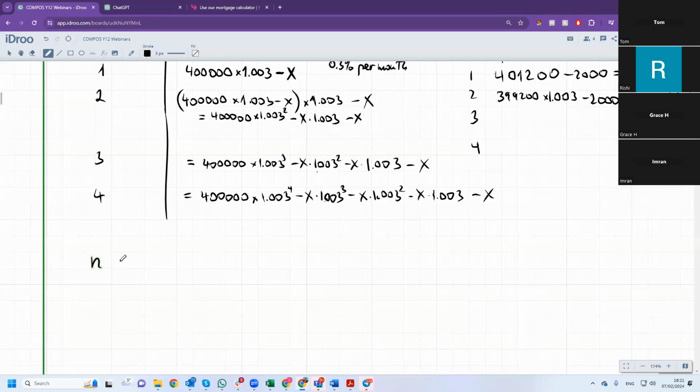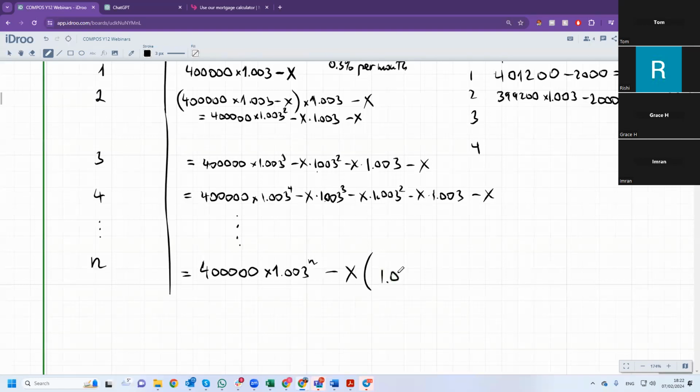So after n months, if you carry on, it's going to be 400,000 multiplied by 1.003 to the power n minus x, open bracket, yes, it's a common factor.